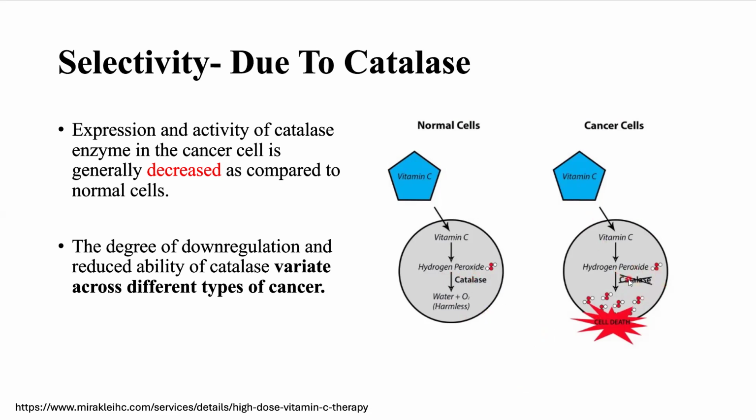Whereas in the cancerous cell, this catalase not only has reduced functionality, but its number is also reduced. So both factors, its functioning as well as its number, are reduced. So now there is more hydrogen peroxide, and it's going to cause the death of the cell.